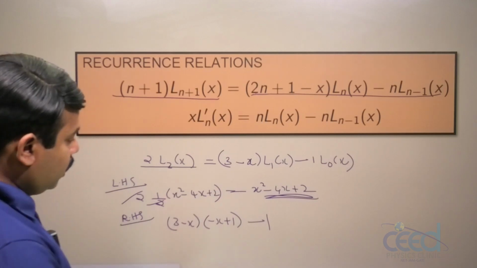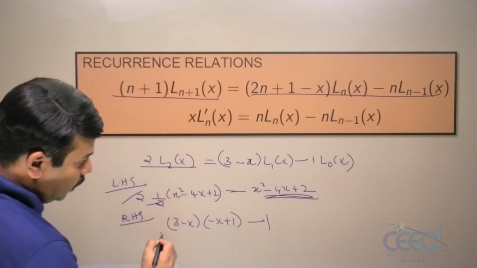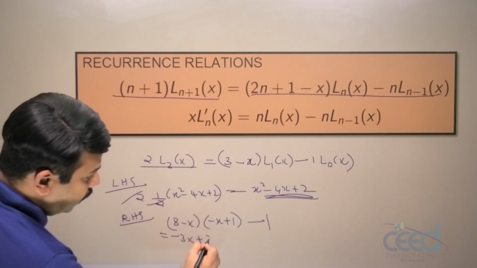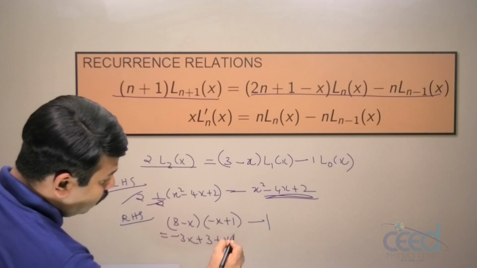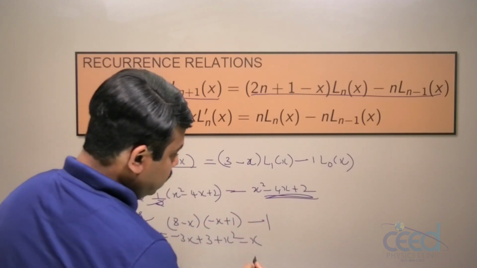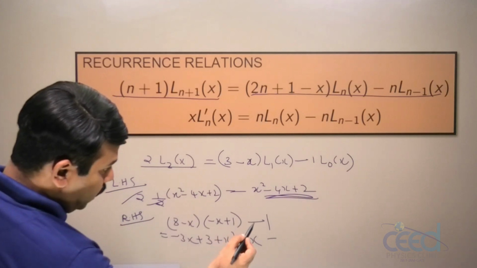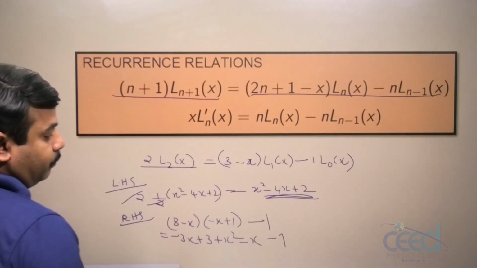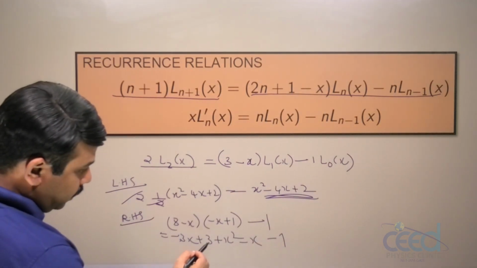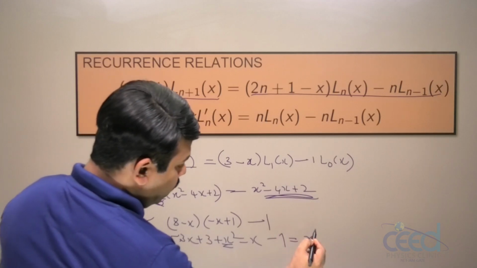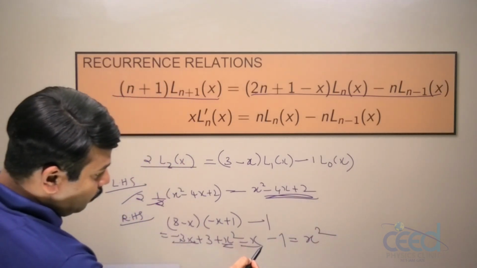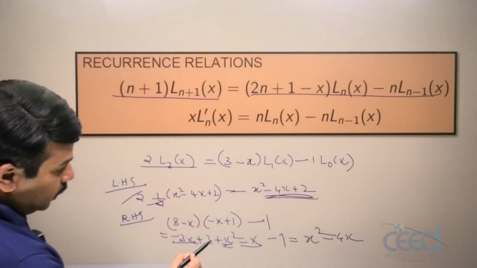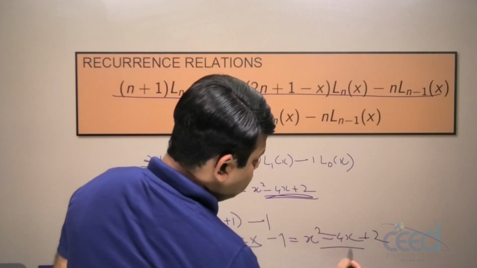By expansion: 3 into minus x is minus 3x, 3 into 1 is 3, then x square and minus x, and minus 1. So x square, then minus 3x minus x is minus 4x, and 3 minus 1 is 2.